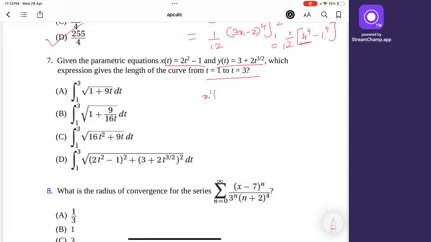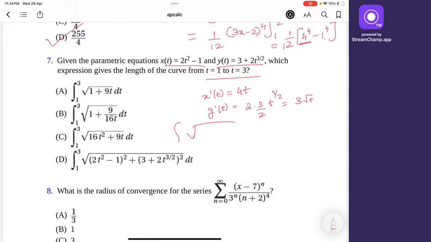So x dash of t is 4t, y dash of t is 2 times 3 by 2 t raised to 1 by 2, which is 3 root t.